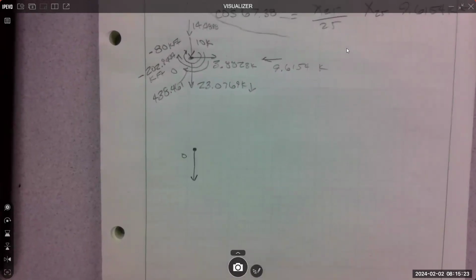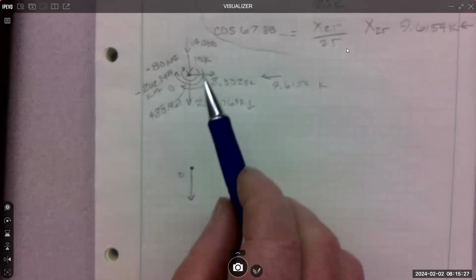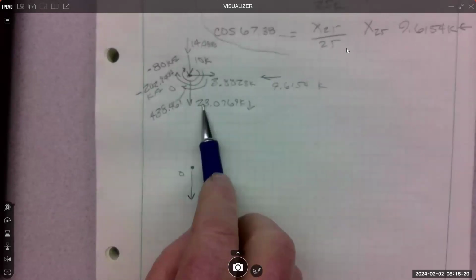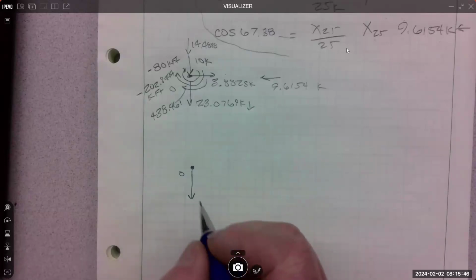Now we can add them all up. So I'll add up the Y forces, 23, 10, and the 14. Get 47.